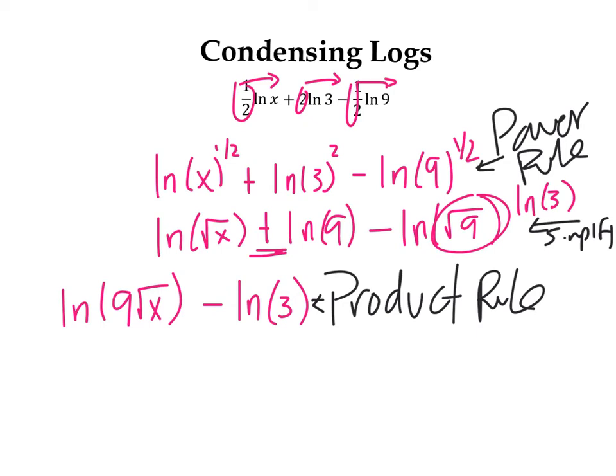All right, to combine these next two terms, because of subtraction, I'm allowed to divide this term and this term. And I'm left with the natural log of 9 radical x divided by 3. And this is my quotient rule.